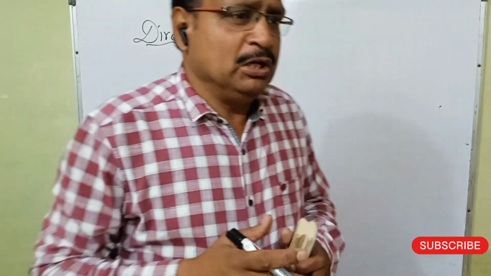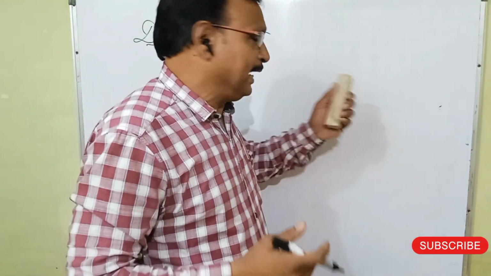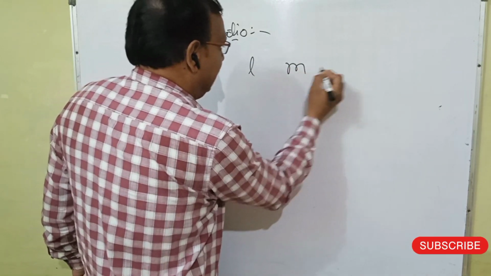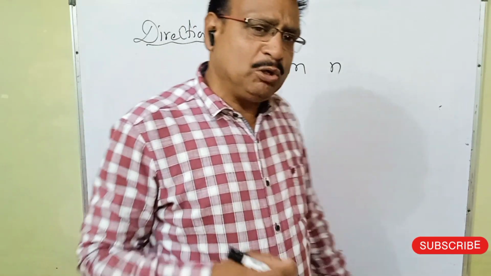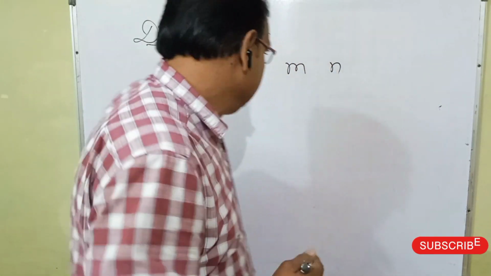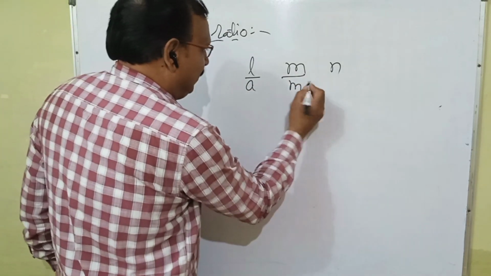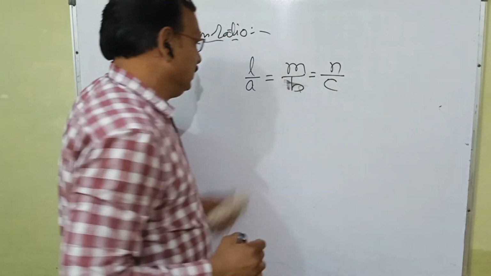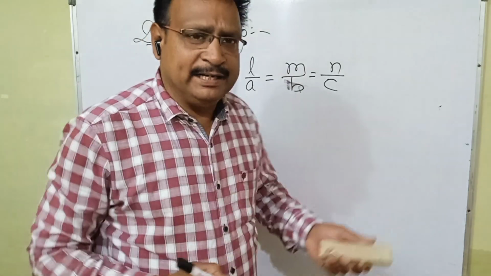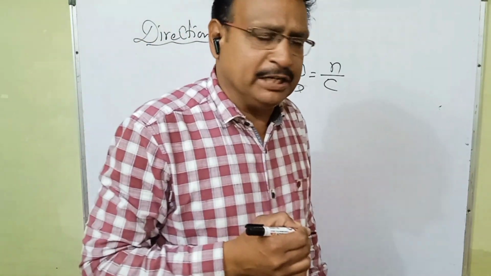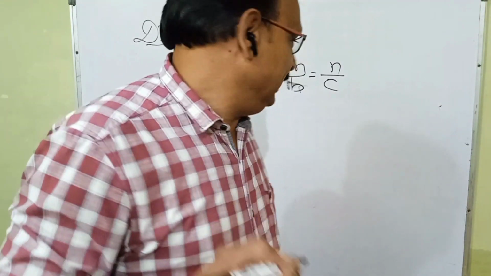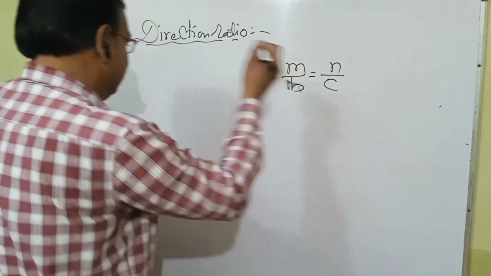Direction ratio is nothing but certain numbers which satisfy a proportional relation with L, M and N. According to the definition, if L, M and N are the direction cosines of any vector OP, then L upon A, M upon B and N upon C are proportional. Here A, B and C satisfy the proportionality relation with L, M and N. Then A, B and C are the direction ratios of this vector.